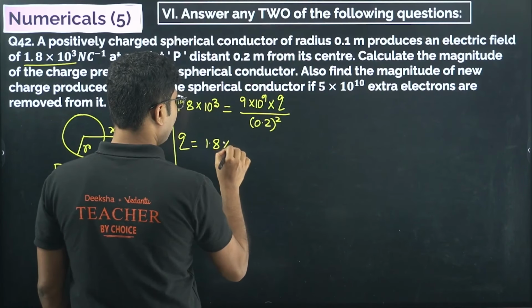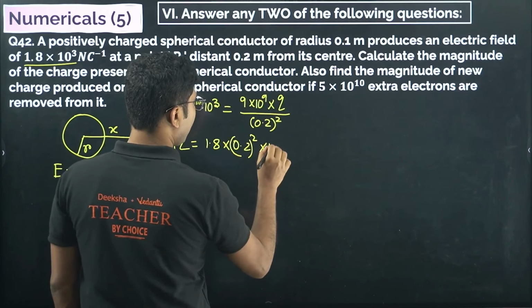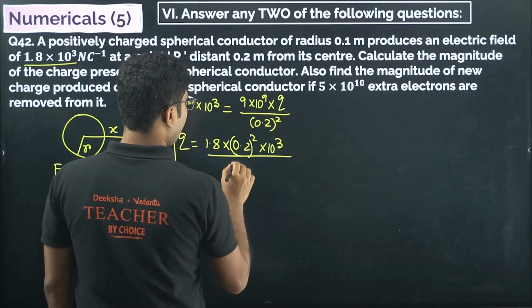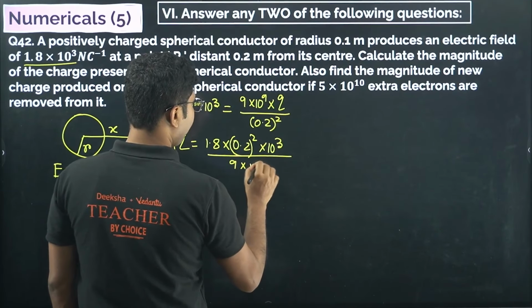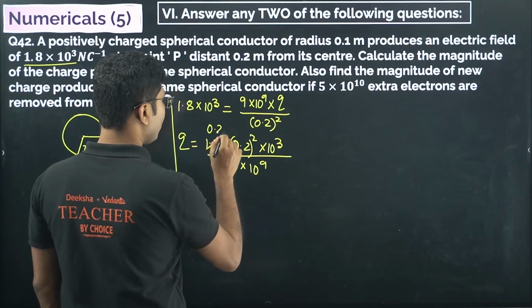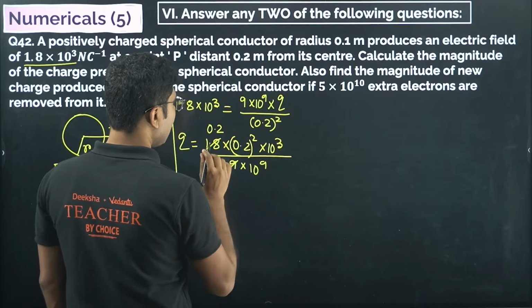So we get Q equals 1.8 into 0.2 whole square into 10 to the power of 3 divided by 9 into 10 to the power of 9.